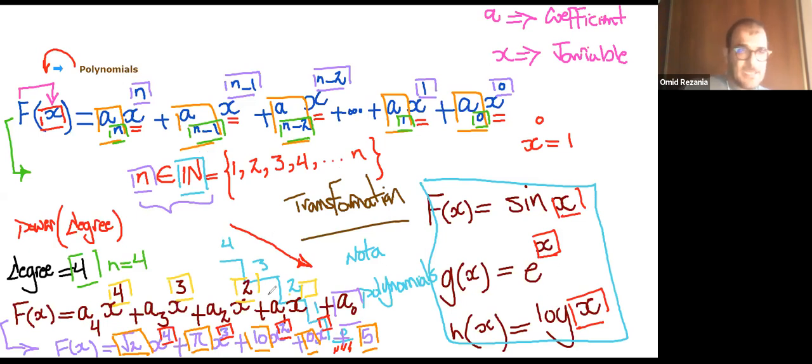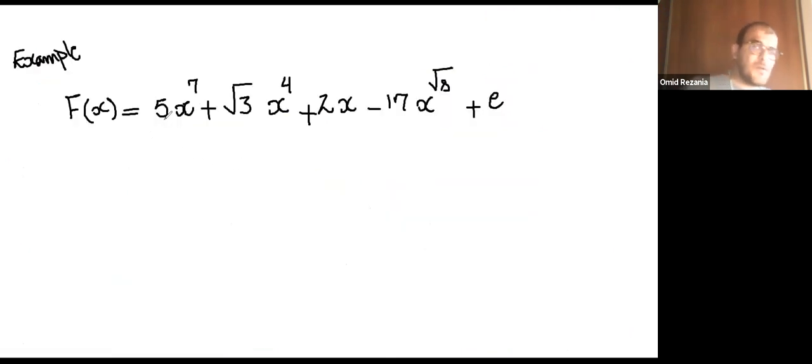It doesn't matter what values you get for the coefficient. The only thing which matters is that the power should be a natural number. The first term, we have 7. The second term, we have 4. This one is 5. This one is great because I know that the power is 1, which means it is a natural number.